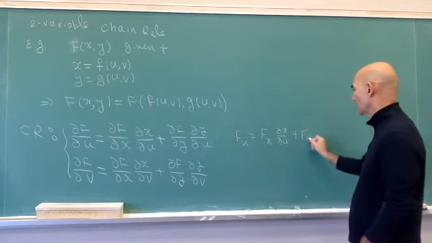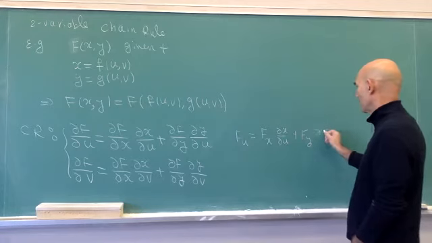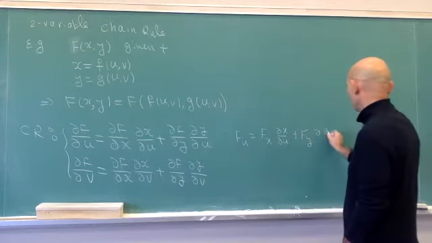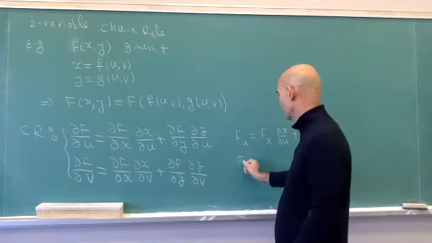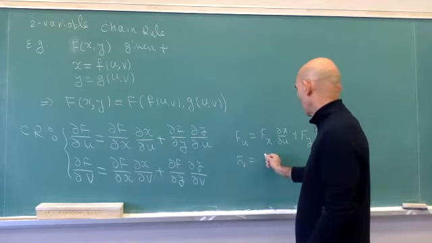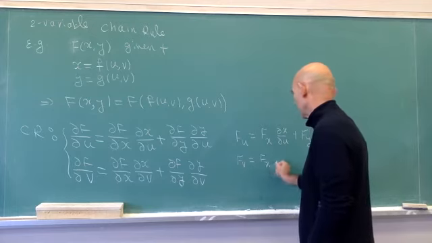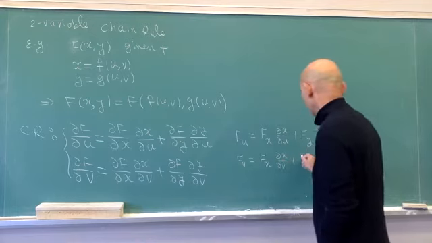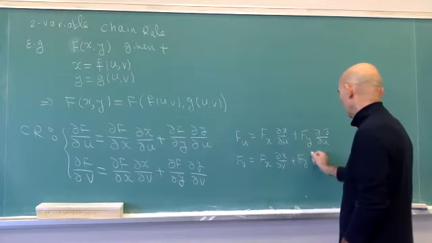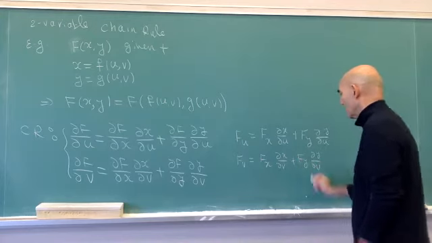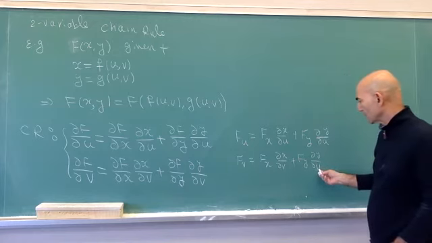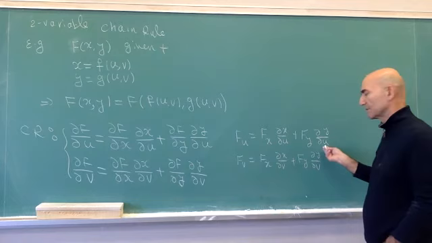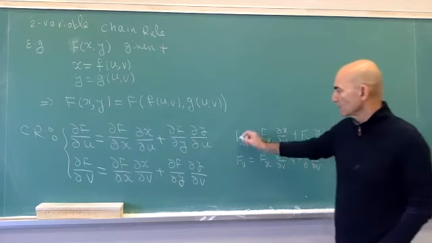Plus fy dy/du. And df/dv is equal to fx dx/dv plus fy dy/dv. The point is that here is all the way with respect to v, the partials are with respect to v, here partials are with respect to v. Same thing.